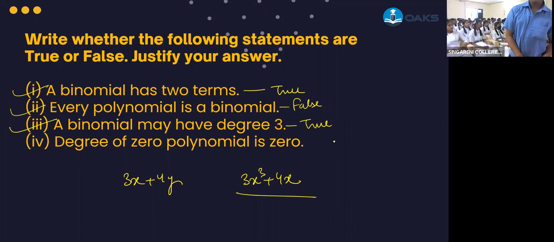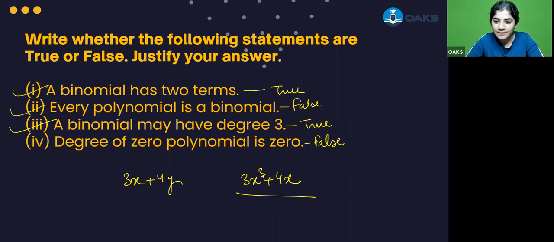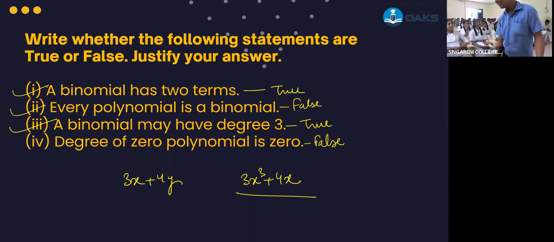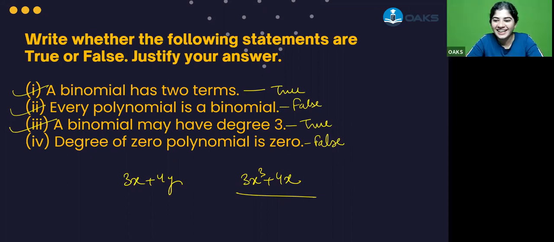Okay, can you say why? No, do not look at the girls. You have to answer it yourself. Yes, I can see you now. So can you give an example where the polynomial is a zero polynomial but the degree is not zero? Any guesses in your mind? Okay, no worries. You can sit down. I'll give the example. Thank you so much.